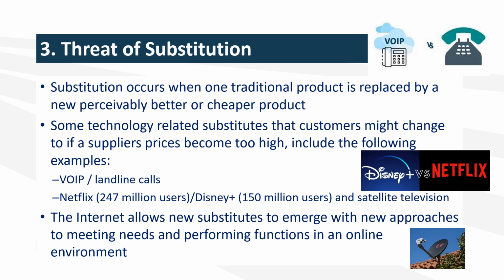But now we have Netflix with around 247 million users, and we also have Disney channel with 150 million users, and also the satellite television. So the internet allows new substitutes to emerge with new approaches to meeting needs and performing functions in an online environment. So this is the threat of substitution.